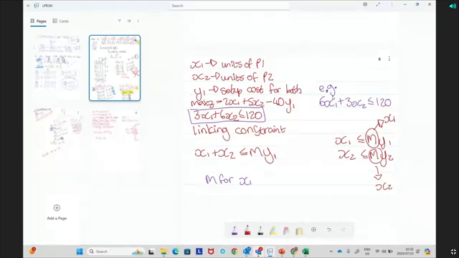So for x1, what's the max value if we look at this one, the one where I put the star?